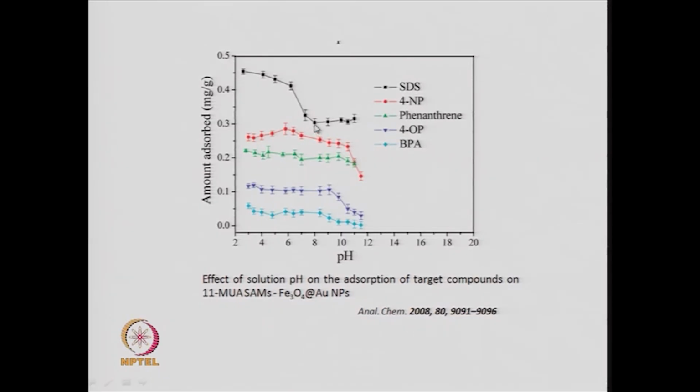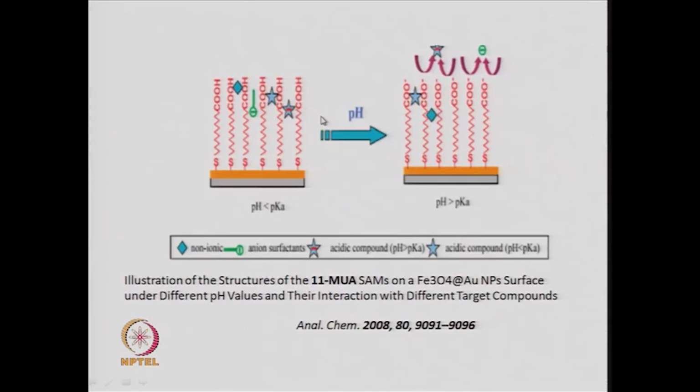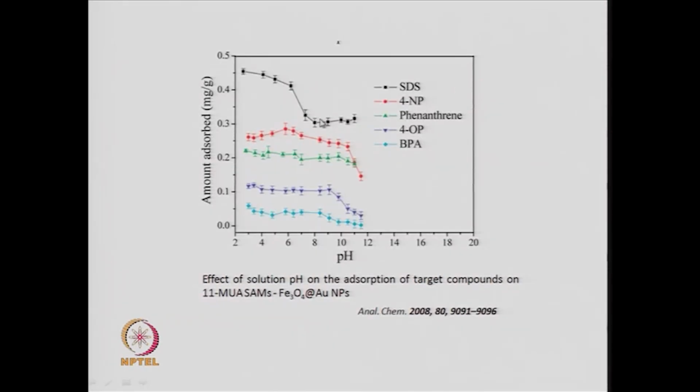At high pH, because SDS is negatively charged, at high pH when it is greater than pKa, then you will have carboxylate groups on the surface, and once you have carboxylate groups on the surface, it will no more adsorb the SDS, because SDS itself has a negative charge, and so there will be a drastic drop in the amount of material which is getting adsorbed on the surface.